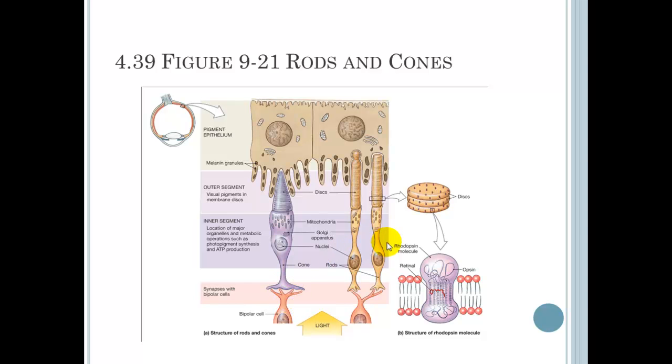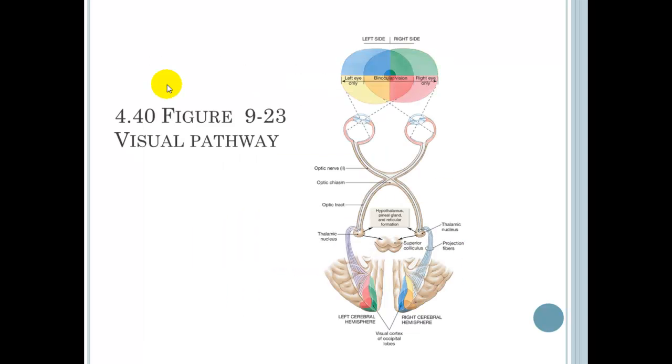These are rods and cones right here. This is the rhodopsin molecule, and these are on the discs in the rods. All this information is assessed and then brought into the cerebral hemispheres, and I'll show you where that is.